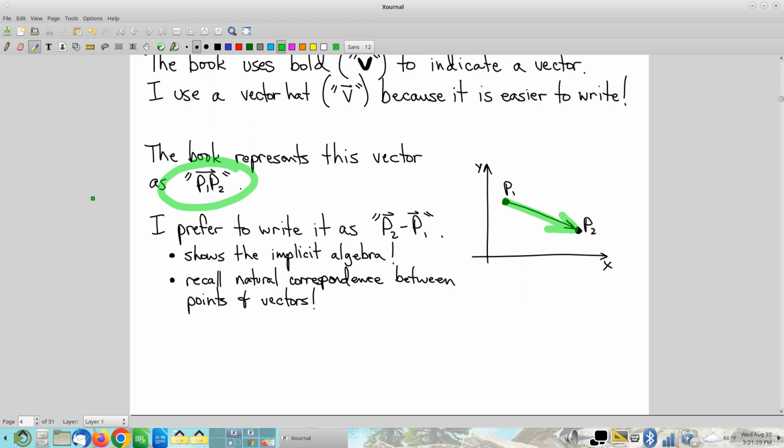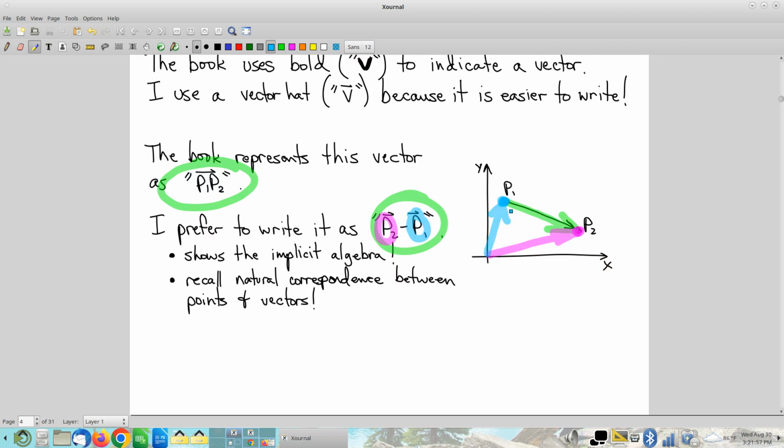I'll point out, though, you can also view this as P2 minus P1, keeping in mind that P2 is a point, but don't forget points can also be thought of as vectors, by the natural correspondence between points and vectors. And likewise, P1 can be thought of as a vector, even though it's perhaps more naturally viewed as a point.